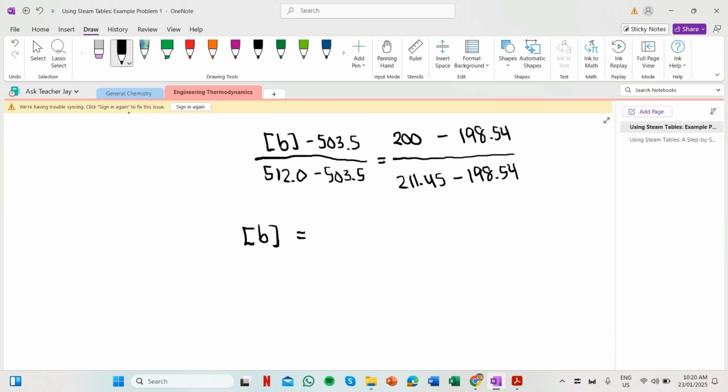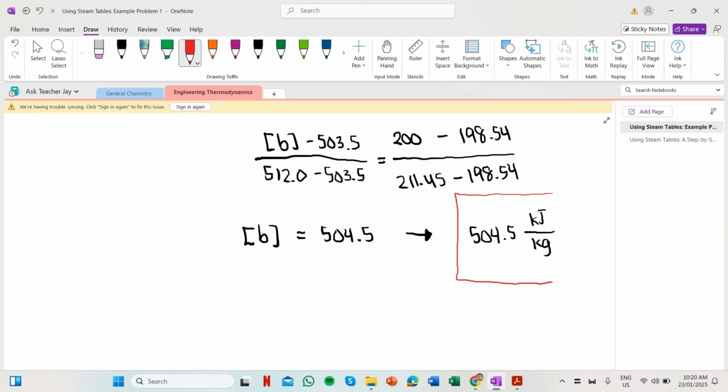Very crude, but authentic. So, 504.5. Essentially, this is the data in kilojoules per kilogram. This is the saturated liquid internal energy data.